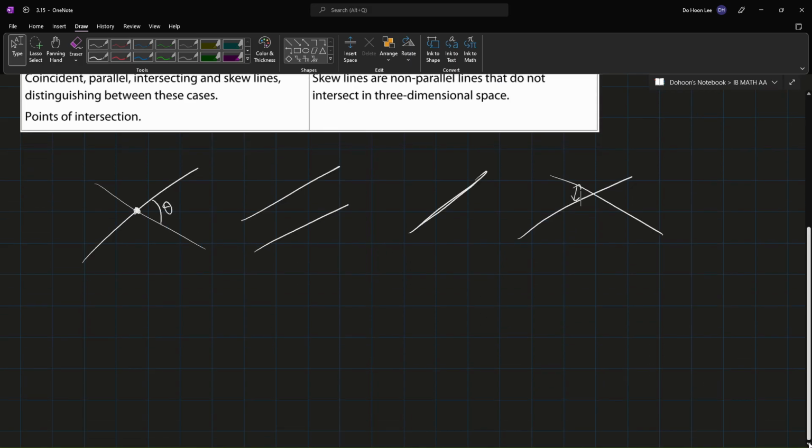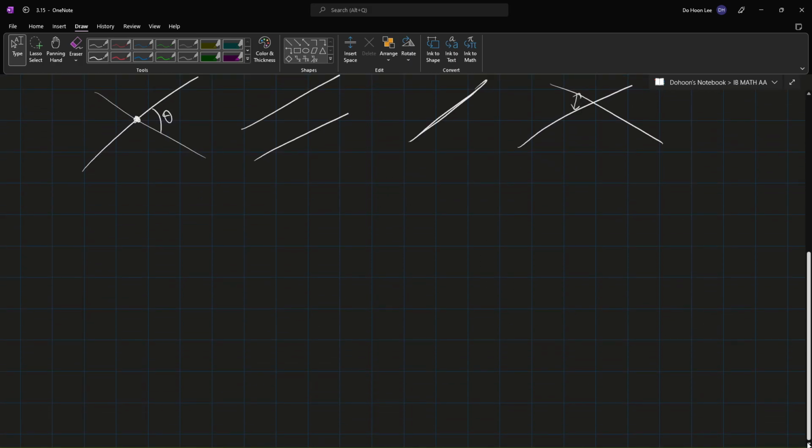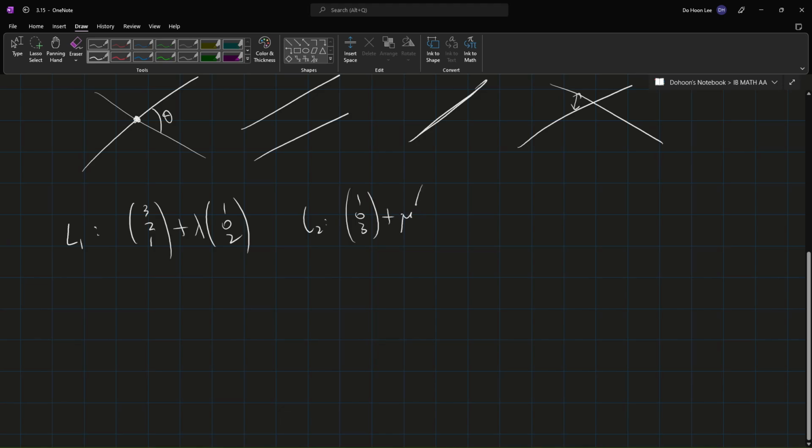Now let's look at an example where, let's say line 1 is given as (3, 2, 1) plus lambda (1, 0, 2), and then line 2 is given as (1, 0, 3) plus mu (3, 2, 0). Then we can use the equation to find the point of intersection. And let's use the parametric form to solve this.